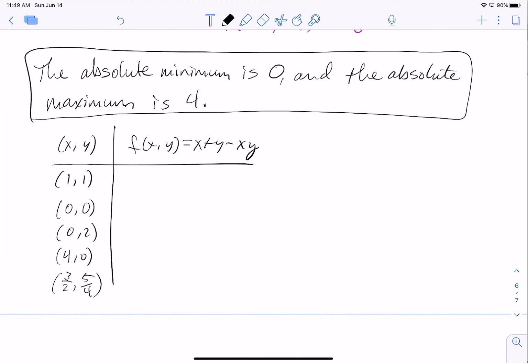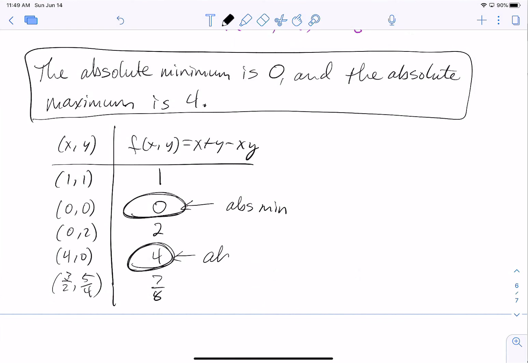And those outputs were 1 for (1, 1), 0 for (0, 0), for (0, 2) it was 2, for (4, 0) it was 4, and for (3/2, 5/4) it was 7/8. And of course, looking at this list, we can see that 0 is the absolute minimum, and 4 is the absolute maximum.